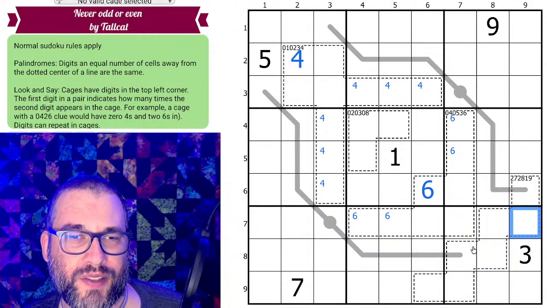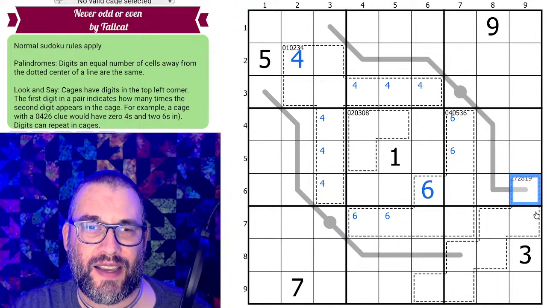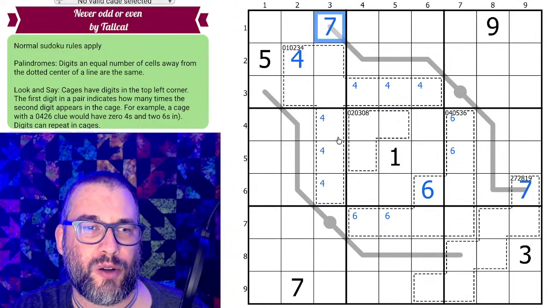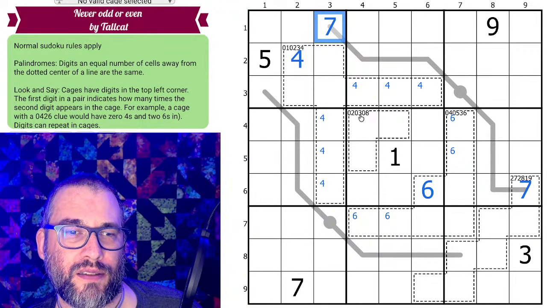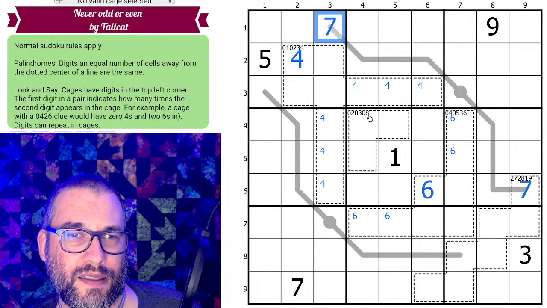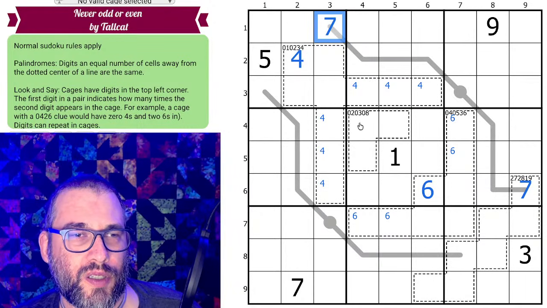So we need 1 7 in this box and 1 7 exactly here, which by palindrome also places it there. 8 and a 9. That's less good.